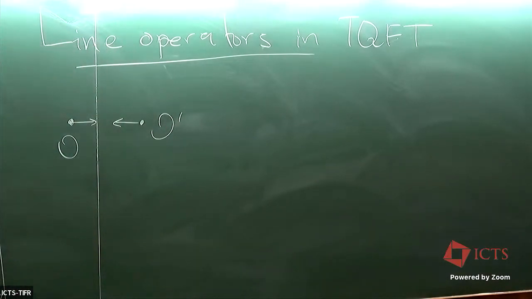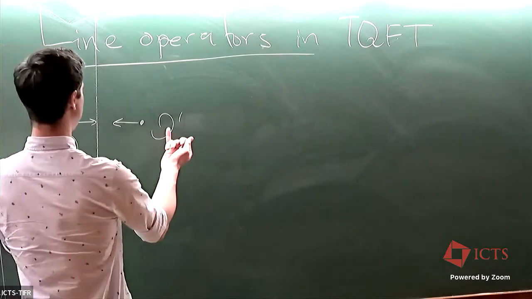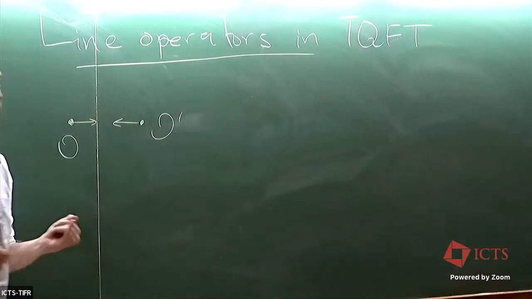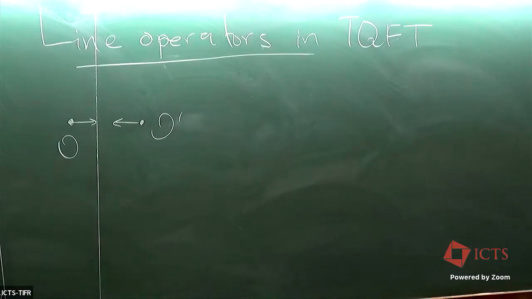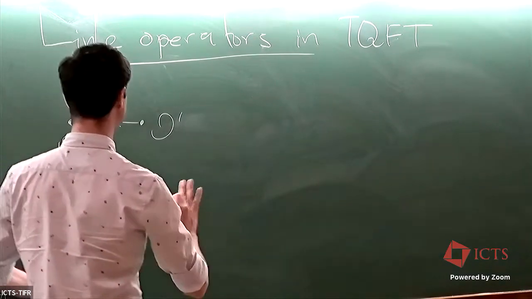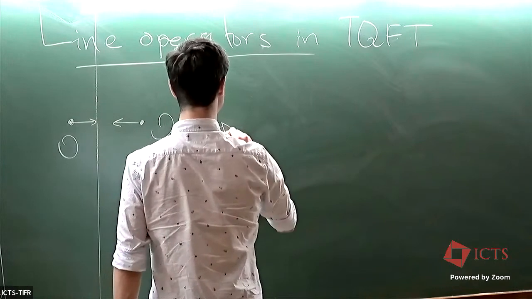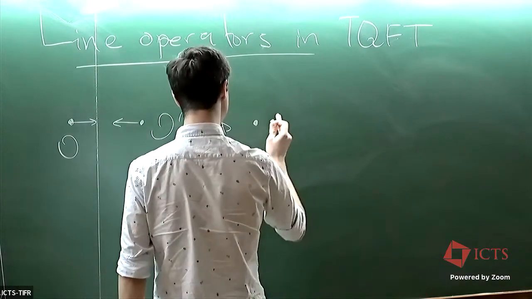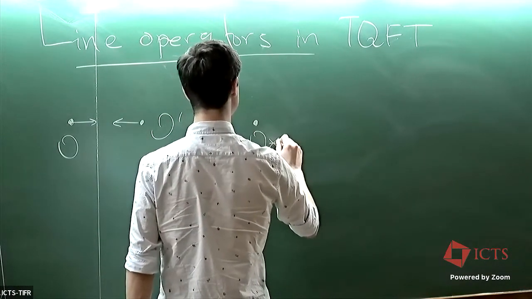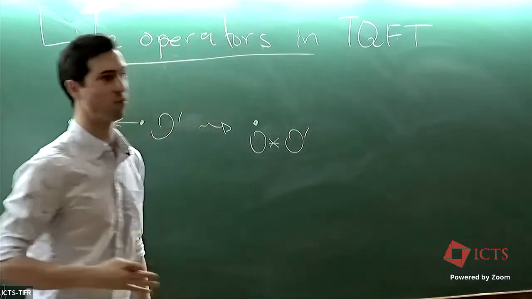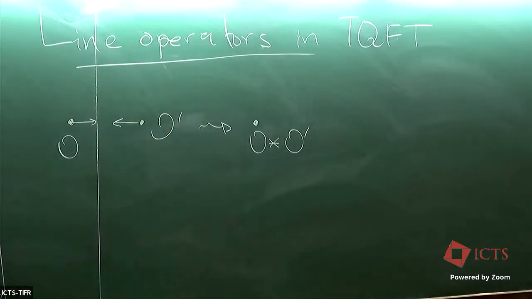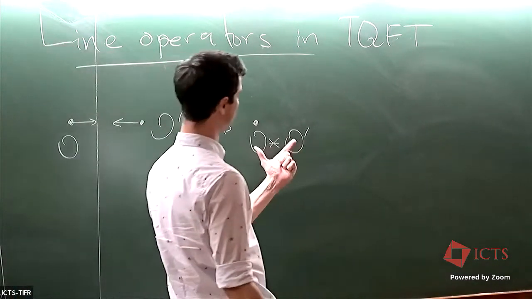There's no dependence on a metric or anything like that. And so we would expect that in the limit that these two local operators come close to one another, the limit is non-singular, and we get a new local operator at this insertion point that is a product of the two. So a collision of local operators is going to induce some kind of product structure.